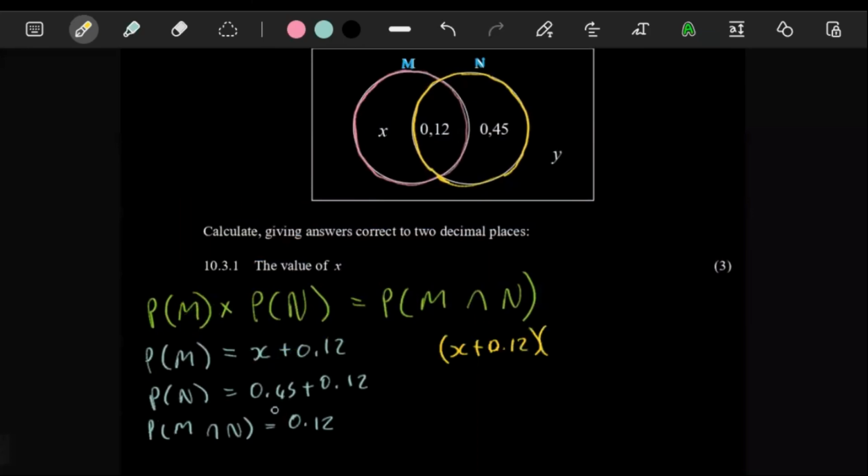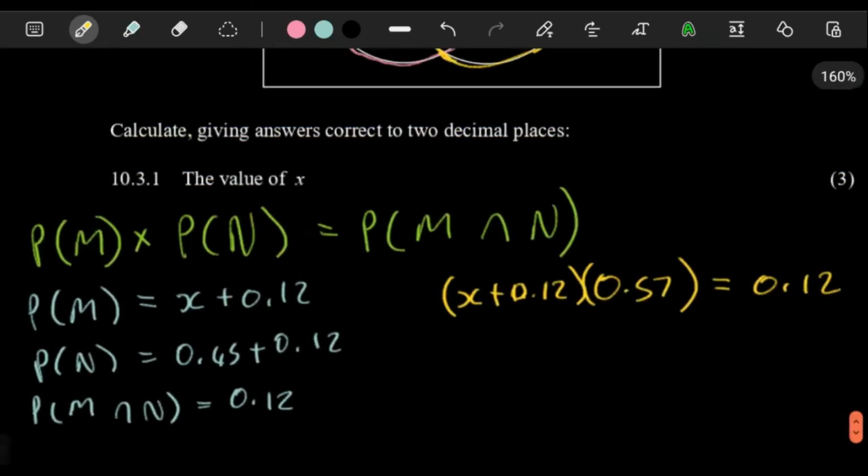And where P(N) is, it's this number. Let's just put that in the calculator. 0.45 plus 0.12 is just 0.57. So let's put 0.57 here. And this, which is this multiplied by this, is equal to this value, 0.12. And then we can just solve for x.